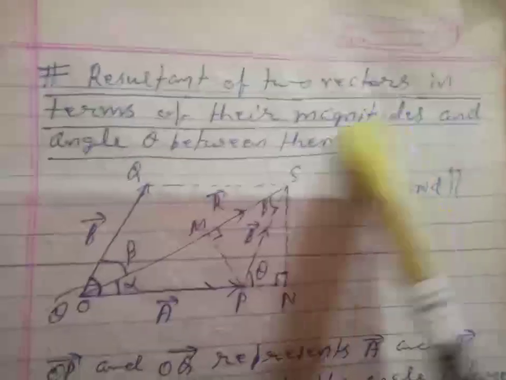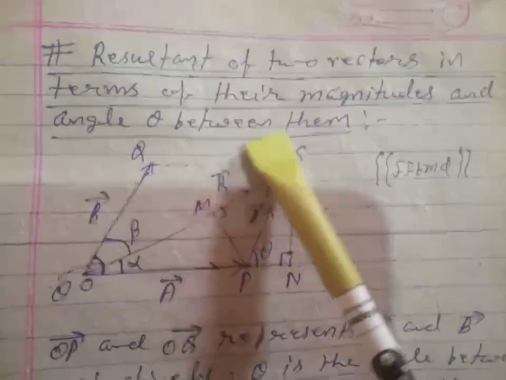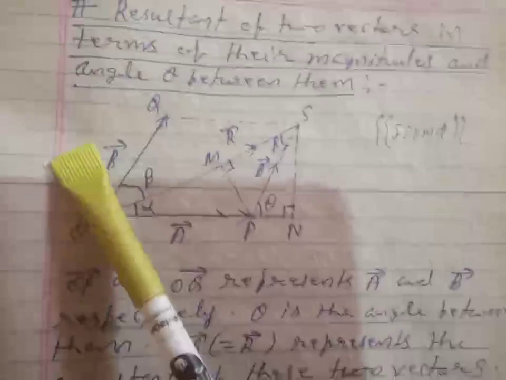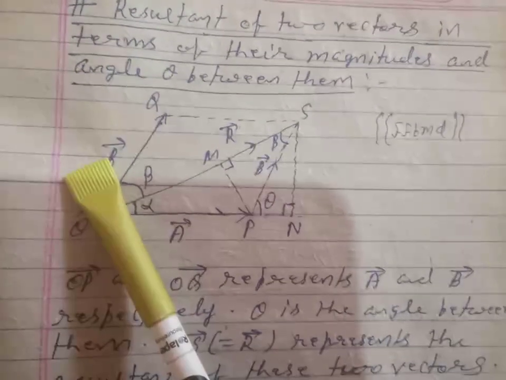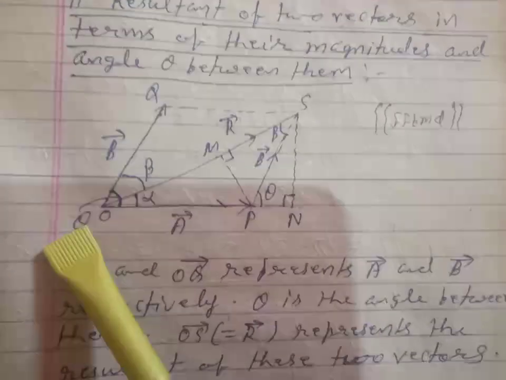Next, resultant of two vectors in terms of their magnitude and angle theta between them. There are two vectors, a vector and b vector, as shown. The angle between them is theta.